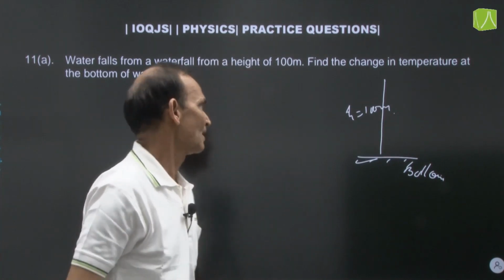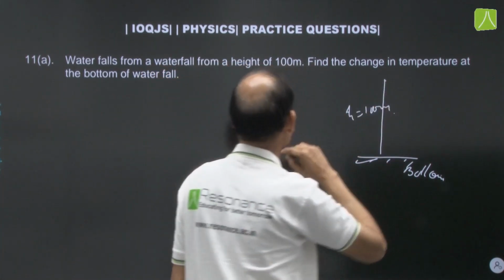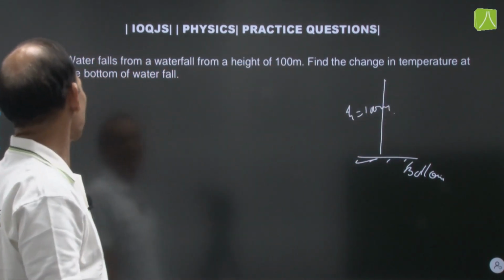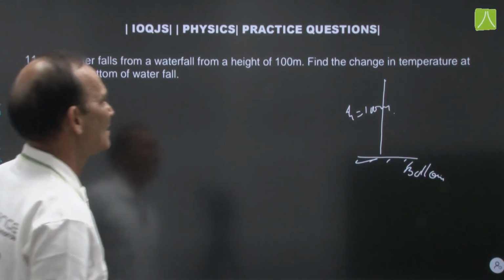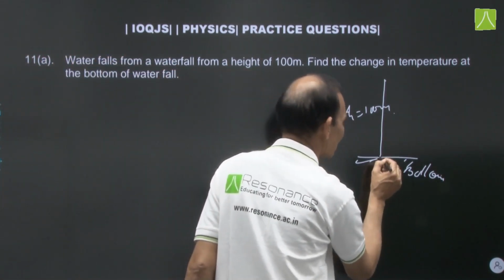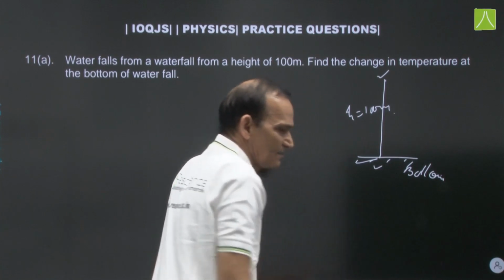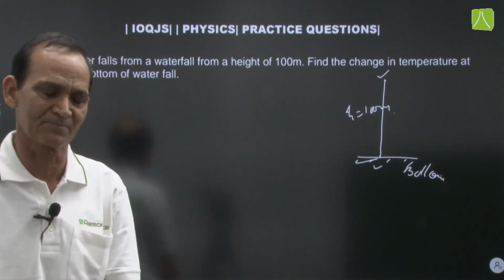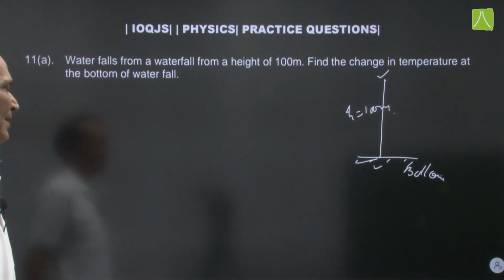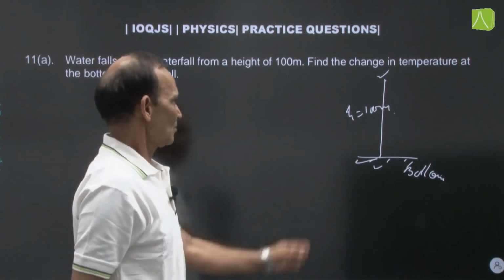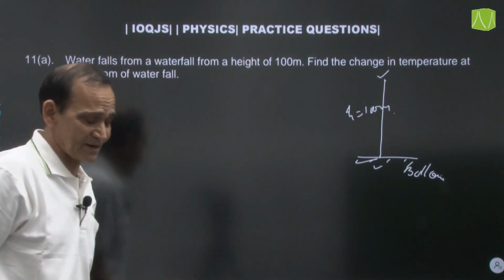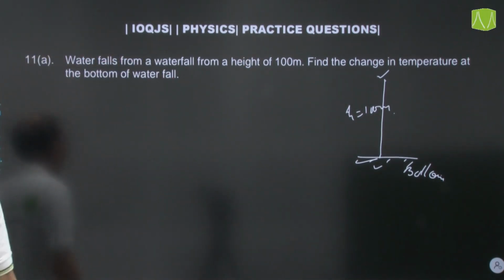Now water falls from this height of 100 meter, find the change in temperature at the bottom of the waterfall. We have to find the change in temperature. Whatever temperature was here, is here too; we have to find the difference, the change in temperature. So we know very well that heat taken or heat converted, there must be mass.